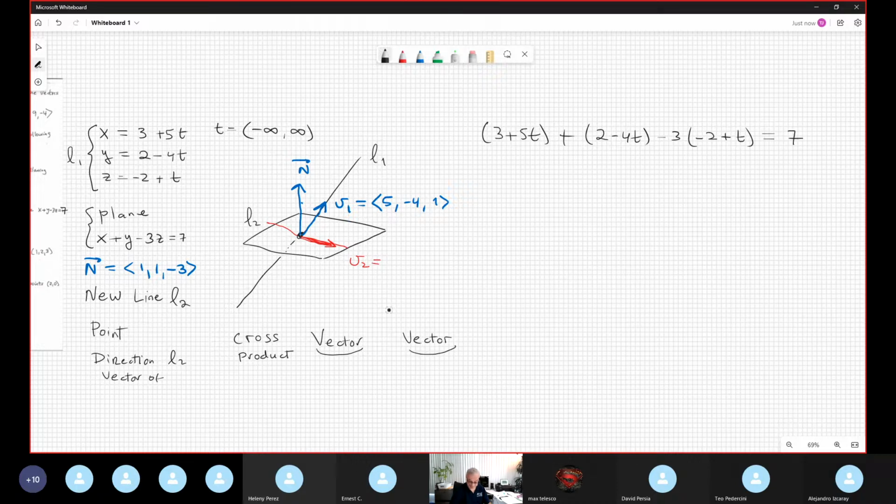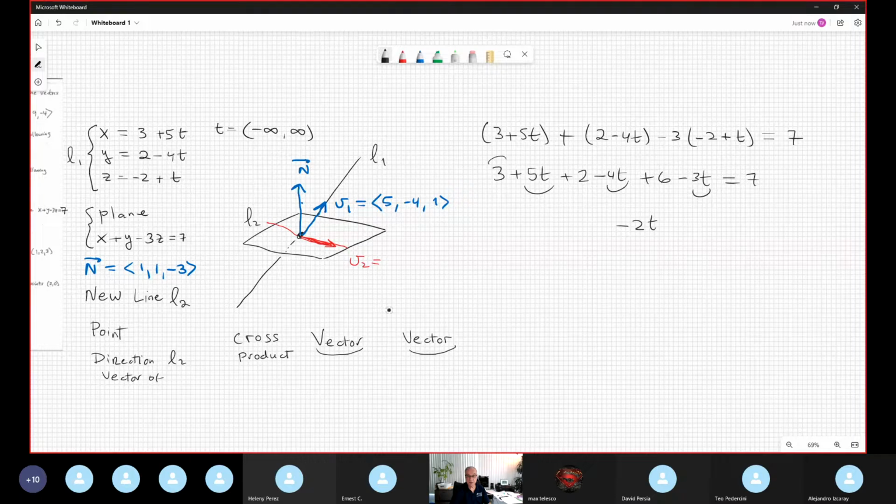Remove the parentheses and apply the distributive property. It is 3 plus 5t plus 2 minus 4t plus 6 minus 3t equals 7. We combine like terms: 5, negative 4, and negative 3t is negative 2t.